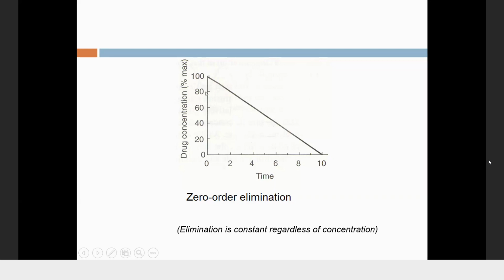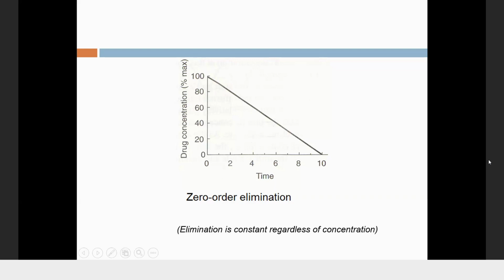If I draw a line here, you can see from 80 to 60, the line shows it is at 4 hours. That means from 80 to 60, it has taken another 2 hours for the concentration to drop 20%.